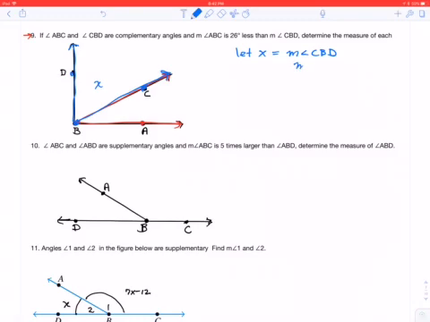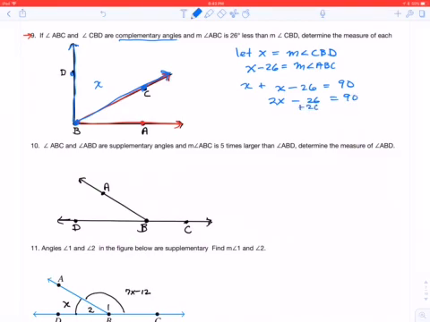The measure of angle ABC is 26 degrees less than CBD. So x minus 26. Now, since we know that the two angles are complementary, we know that the sum of their angles has to add up to 90 degrees. So if I collect like terms, I have 2x minus 26 equals 90.